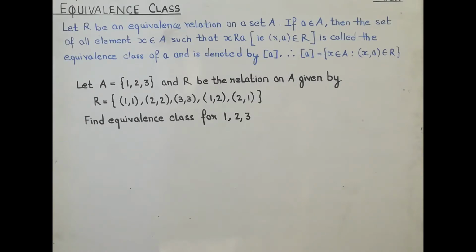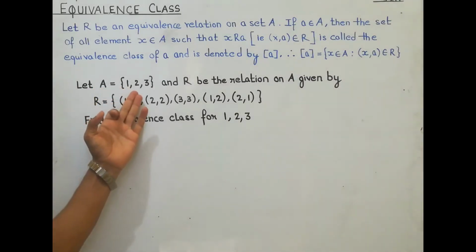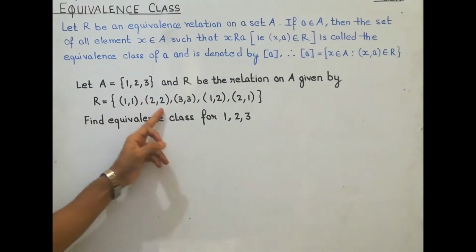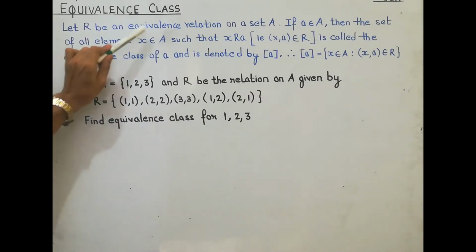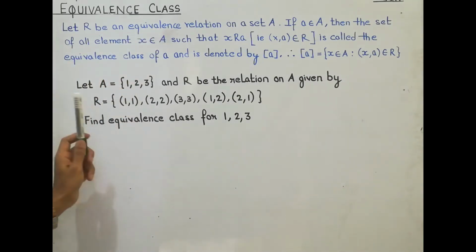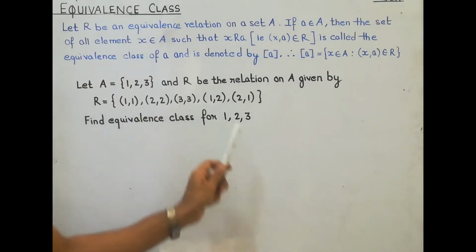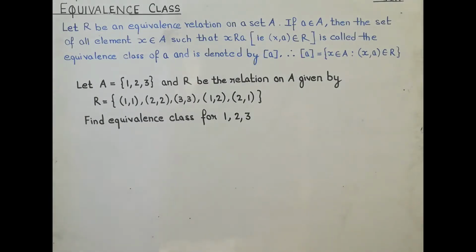I have taken a set A with the elements 1, 2 and 3, and R is a relation on the set A which is given to you in roster form. Now first of all, as the definition says, R must be an equivalence relation. So first we have to prove that R is an equivalence relation here. That means we have to prove that R is reflexive, symmetric and transitive.